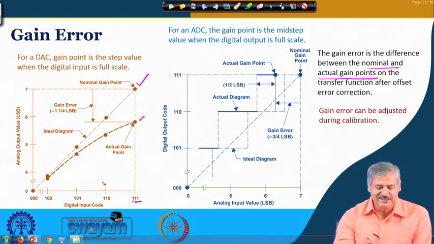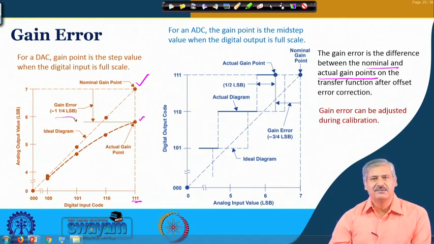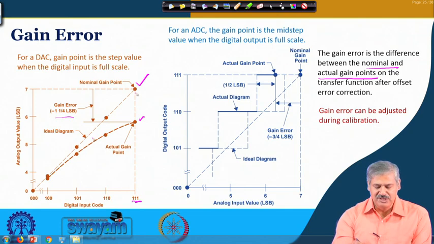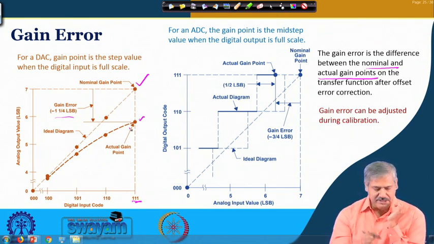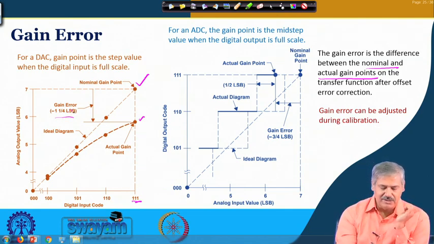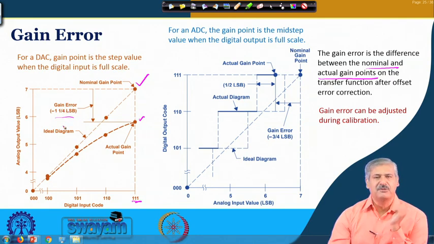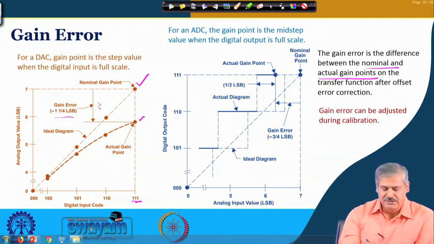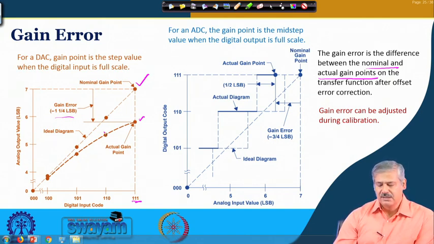So in all these examples you can see that representative values have been shown. Here the gain error is negative, so minus 1 into 1 upon 4, so minus 5 by 4 LSB is the corresponding value that you can see as the error. Okay.